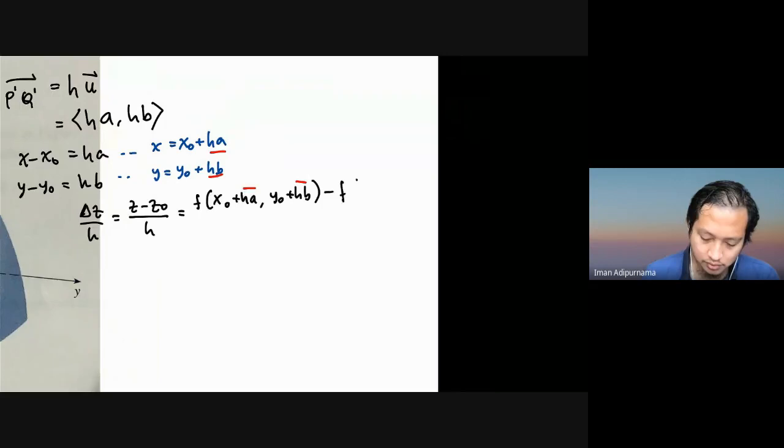Minus the initial point, still divided by h.